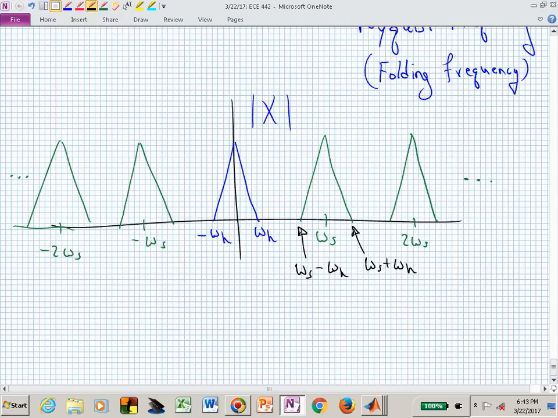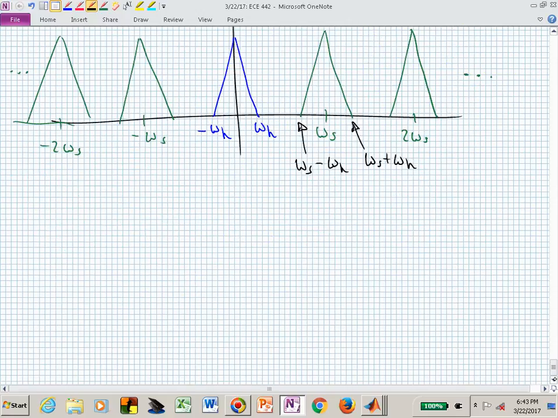Or in terms of an algebraic relationship, what I'm saying is I want to make sure that omega sub s minus omega sub h remains larger than omega sub h. That's so that I do not have any overlap. And that means I'm not going to have any aliasing. Frequencies that are higher than omega sub h will remain outside of my vision, as long as this is true.